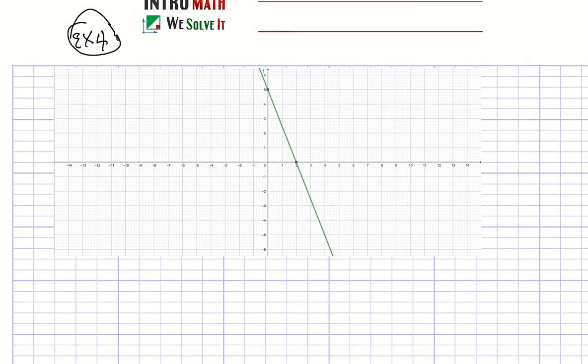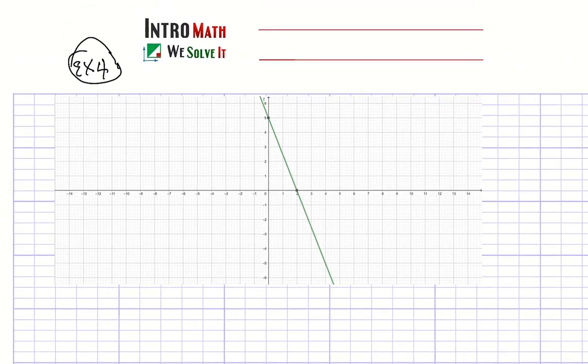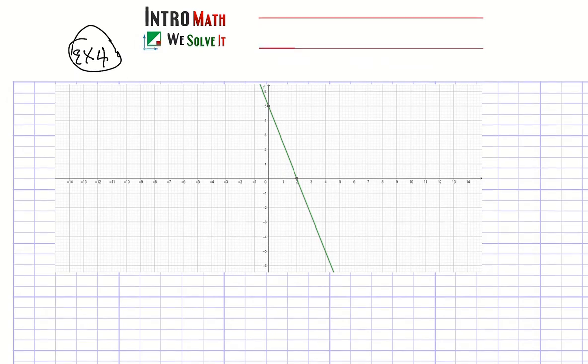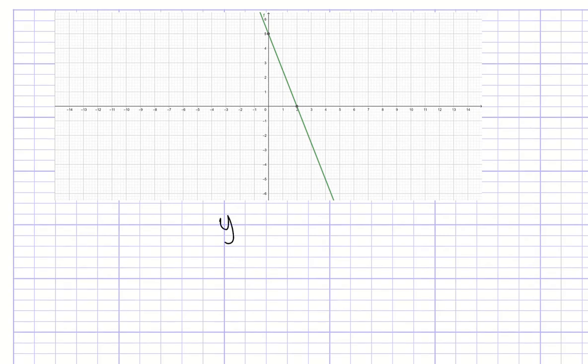The fourth example is that right there. I hope you can see it clearly. Okay, so the equation is y equals minus 5 over 2 x plus 5.